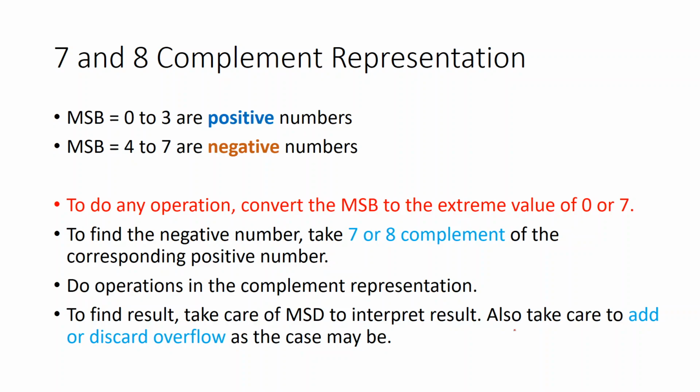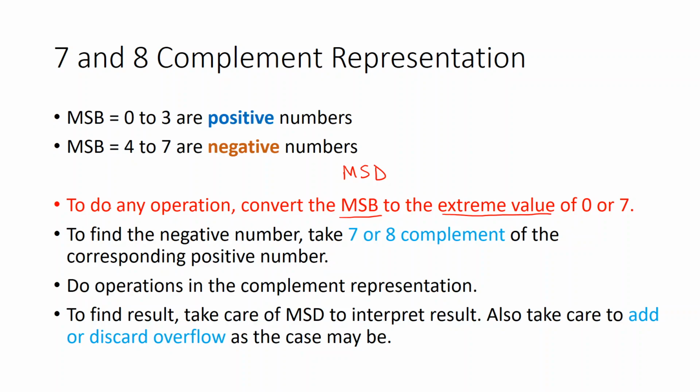However, the caution is this: if you want to do any arithmetic operation in this representation, then you have to convert the MSD. I have kept B everywhere in this slide, but that would be MSD, because we are talking about digits now. So we have to convert the MSD to the extreme value.